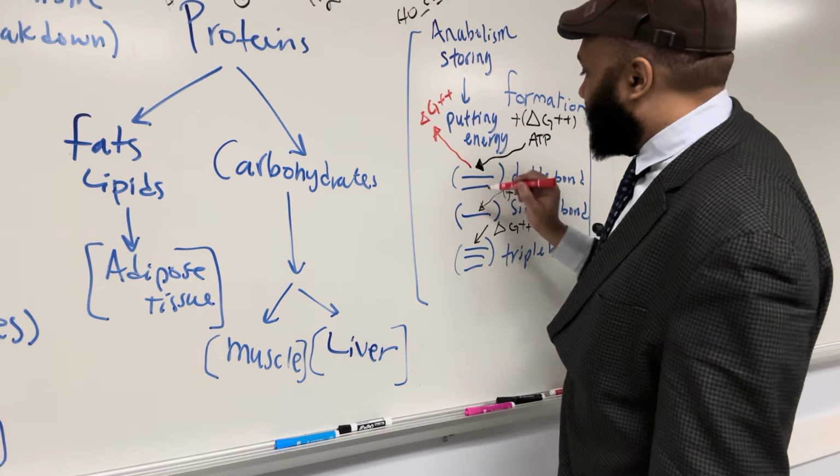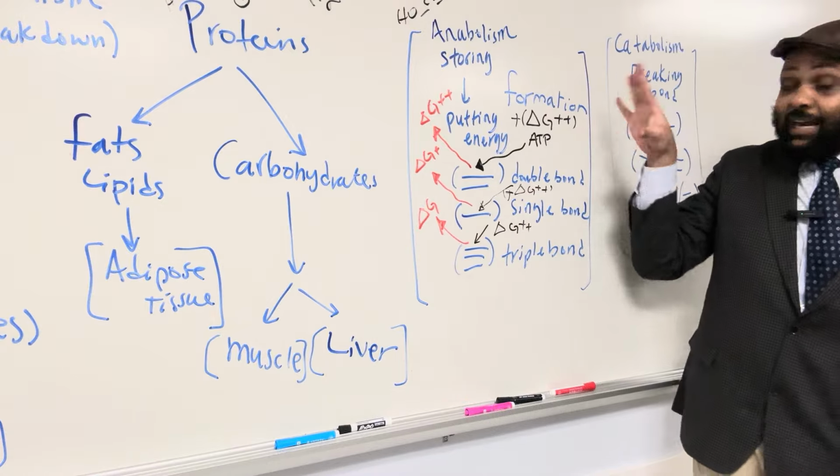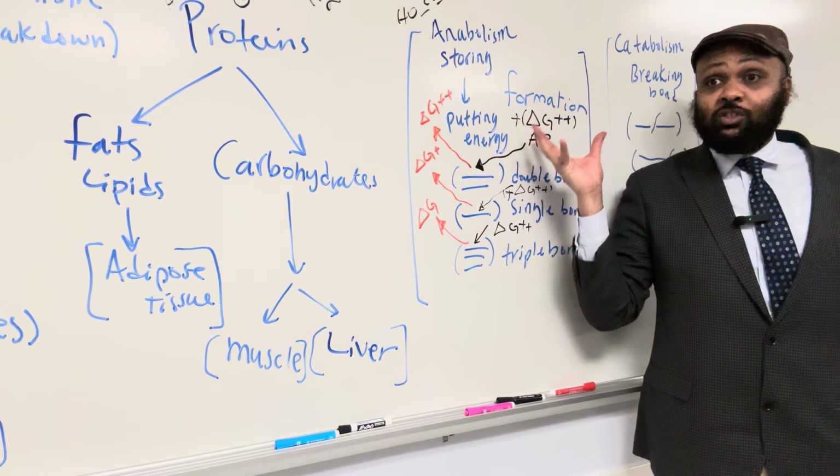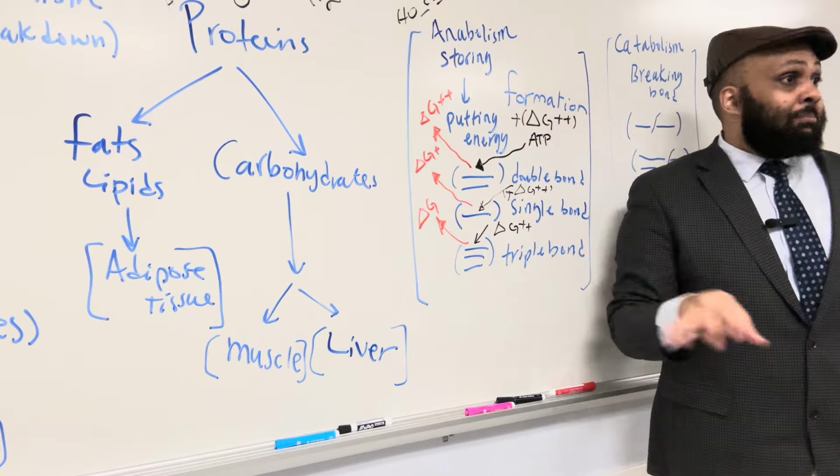So I store it and then it comes out later when I need it. This is very, very important. Is that clear? This is not just happening in amino acids and proteins. This is happening all over.